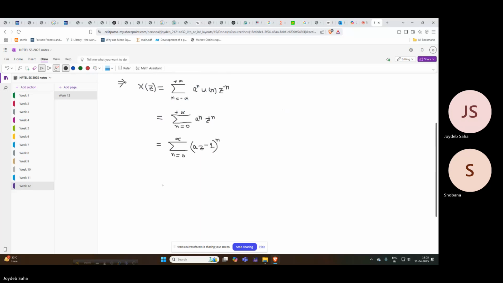We know that the summation from n equals 0 to infinity of alpha to the power n is equal to 1 upon 1 minus alpha, for mod alpha less than 1.